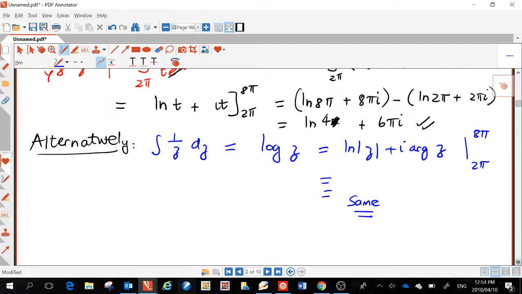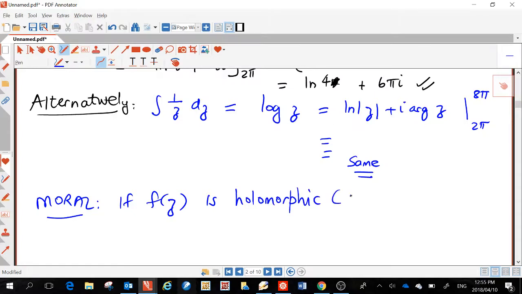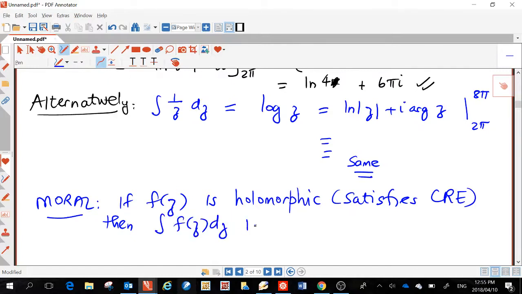So the point of this theorem, or the moral here, is that if f of z is holomorphic, meaning it satisfies the CRE, then the integral of f of z dz is path independent.